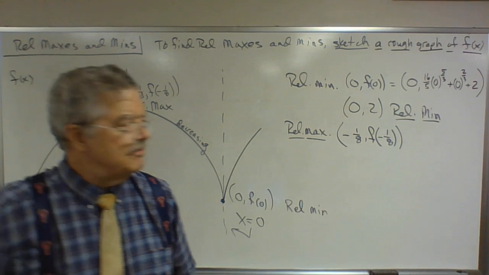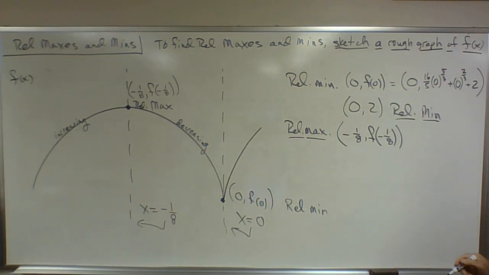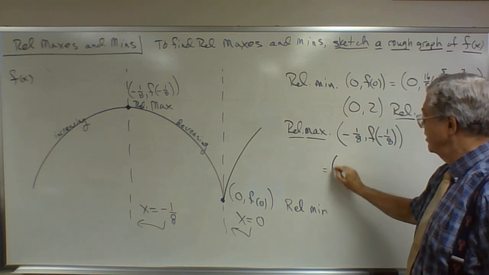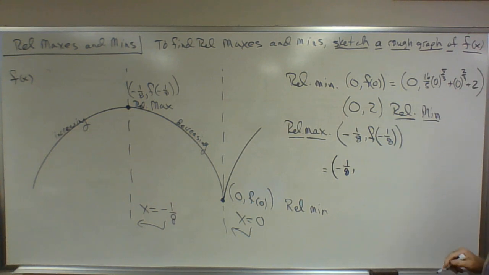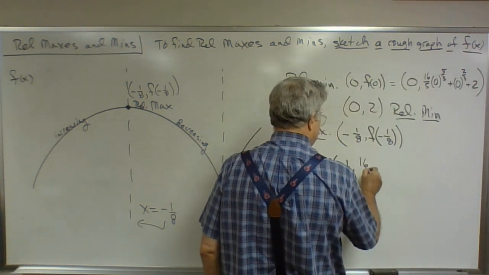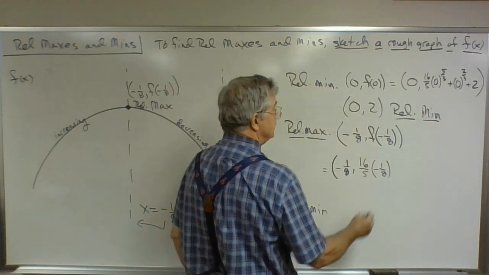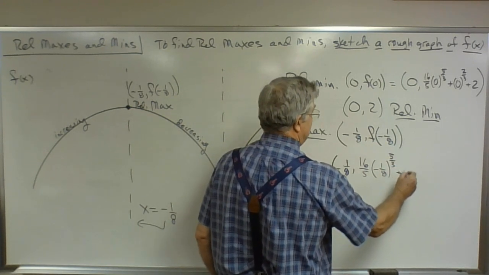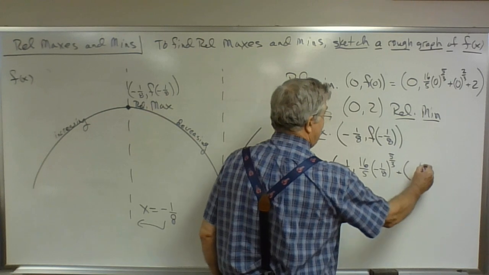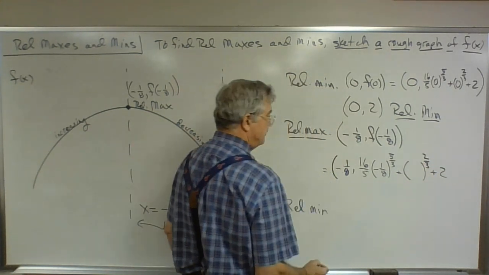And I hope this turns out simpler than it seems. f of negative 1/8: I'm going to get 16/5 x to the 5/3 plus x to the 2/3 plus 2.